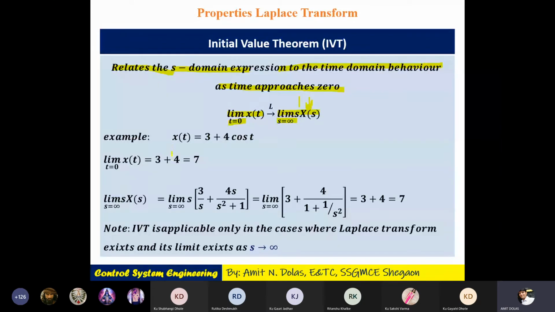For example, here I have a signal 3 plus 4 cos 2t. Then I put the limit t equal to 0.